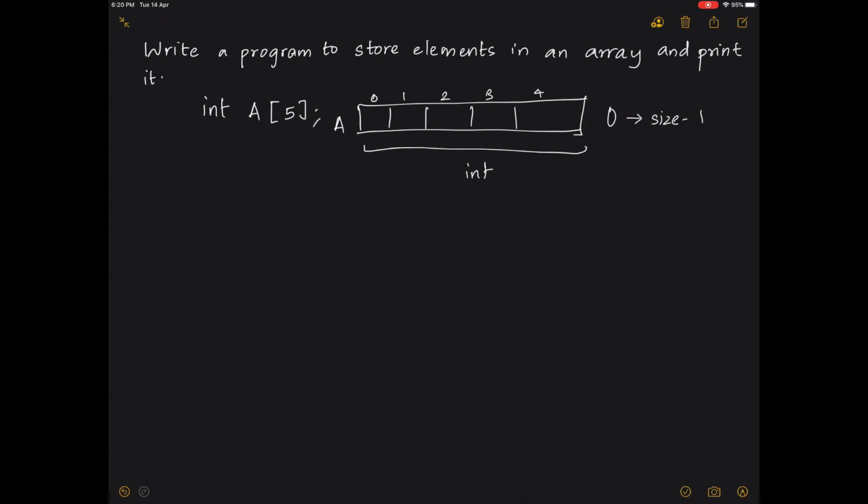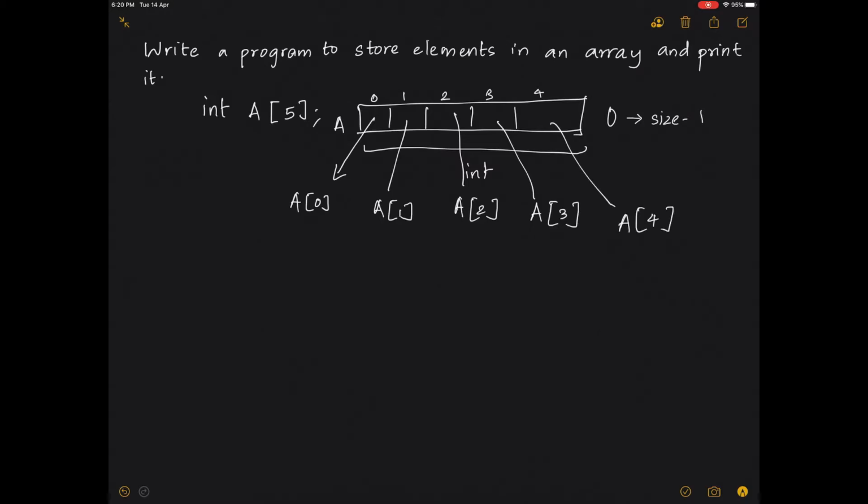In order to access the elements of the array also we use these index positions. So this position is known as A of 0, this is known as A of 1, this is A of 2 and this is A of 3 and this is A of 4.